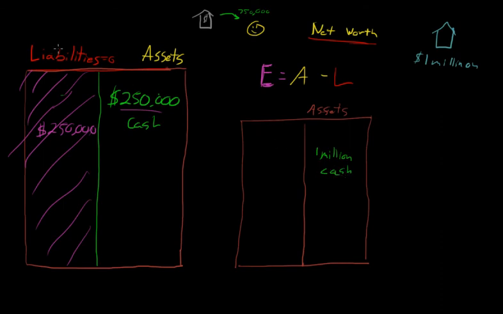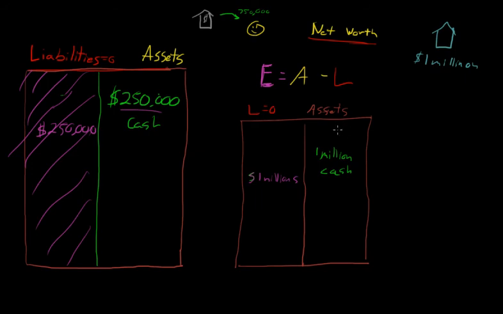And my liabilities are still 0 because I haven't actually bought the house yet, which means that my equity, I'll do it in my equity purple color, is also $1 million. Not much changed. Equity is still equal to my assets because I still don't have any liabilities.